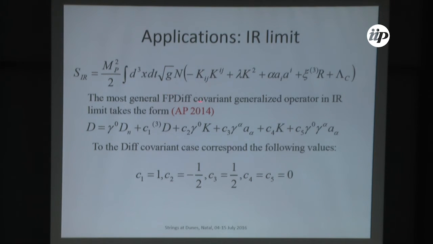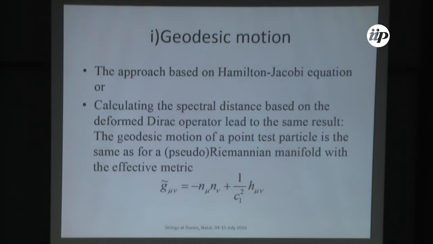So clearly we have to construct the most general Dirac operator, still first order, with arbitrary coefficients in front of all these terms of the 3+1 decomposition. Clearly it will respect this 3+1 symmetry. Plug that into the spectral action, and here it's very clear. The comment is that the particle will effectively move in some effective metric.